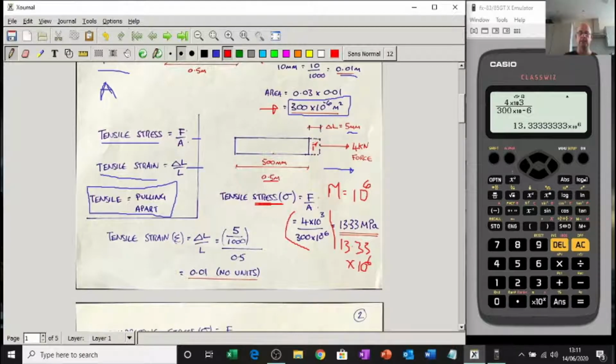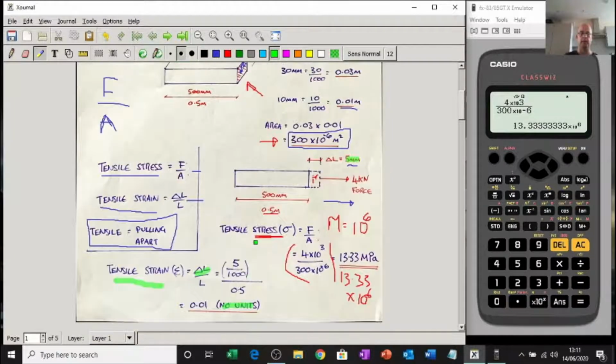Now, this tensile stress and this force is causing this thing to stretch by 5 mil. So we need to work out the tensile strain, which is linked to change in length. Obviously, if this thing keeps pulling, it's going to snap in the end. Tensile strain is just change in length over original length. There are no units, and I'm going to keep in meters.